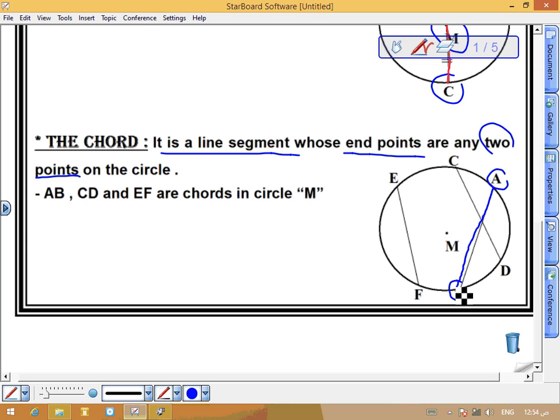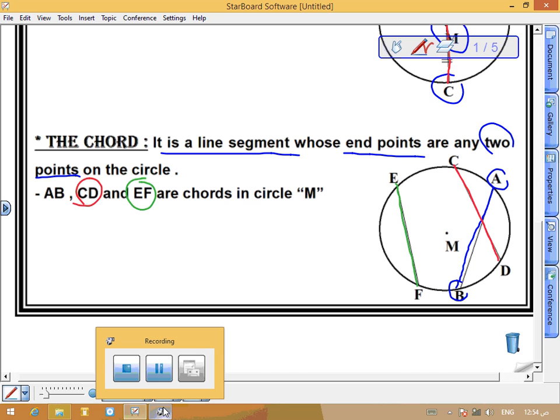If we join them like this, that's called a chord. We have also CD as another chord, and EF as the third chord. All of them are chords not passing through the center of the circle. That's the important note, that the chord doesn't pass through the center of the circle.